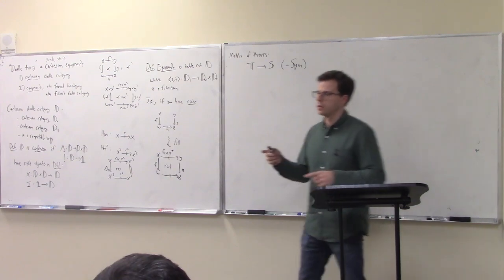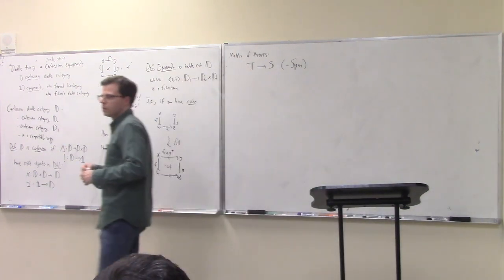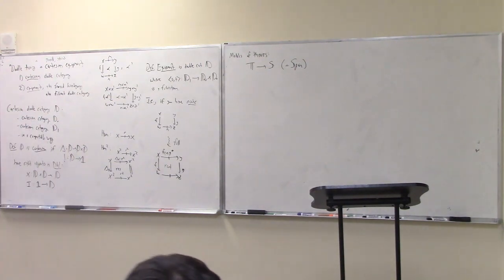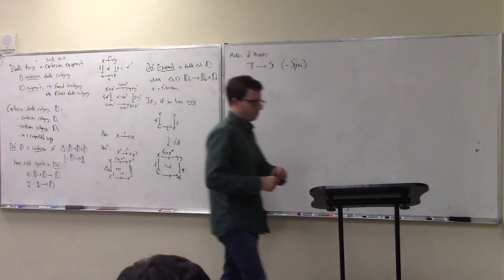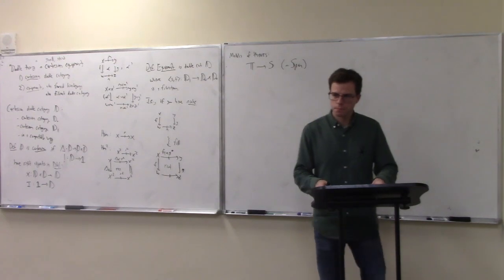Yeah? Here you have Hom as a non-identity arrow. Yes, that's because I haven't yet gotten to lax functors, so that's coming. And lax functors are product preserving?